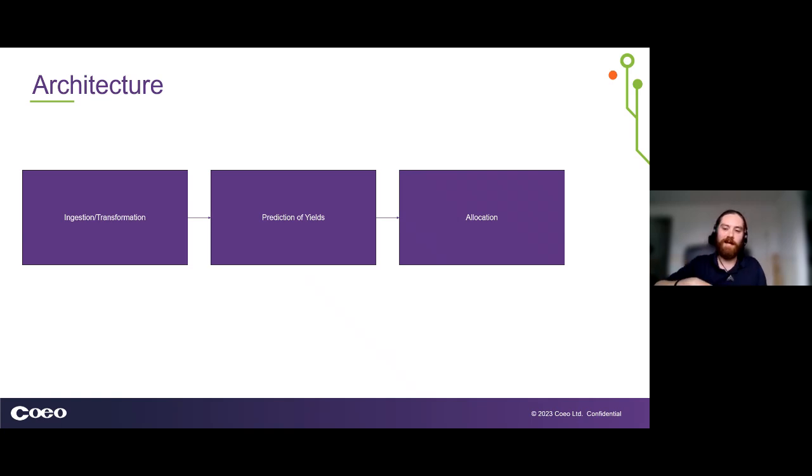We then run this algorithm against it, and it optimizes the overall yield and produces that as an output, which then goes to the planners to be able to use on the different lines.